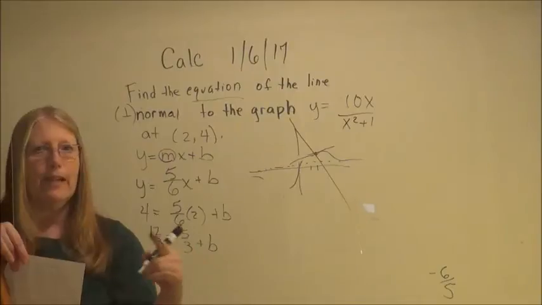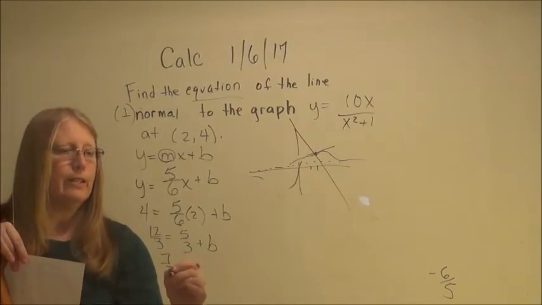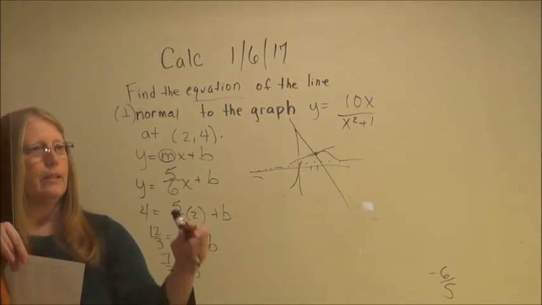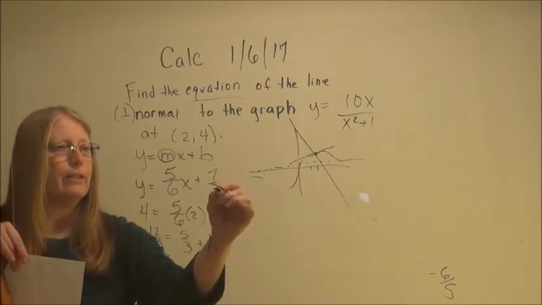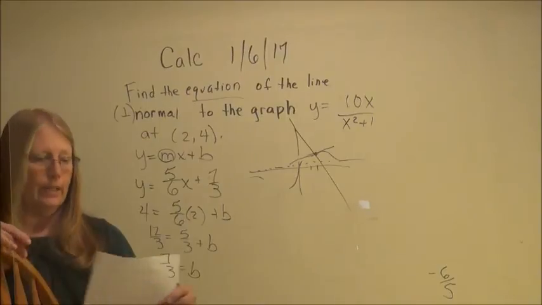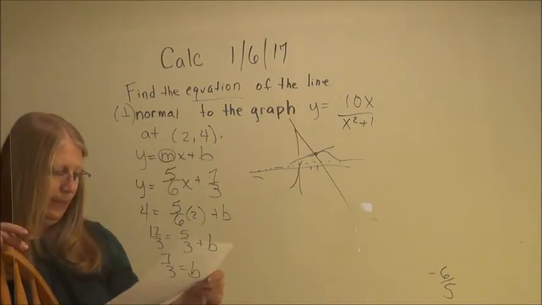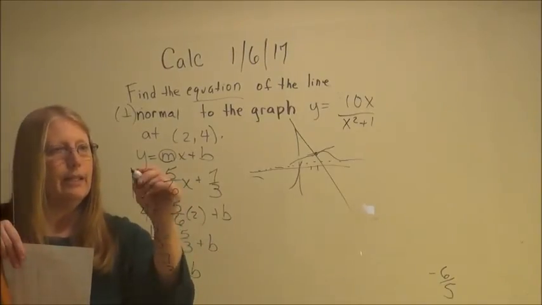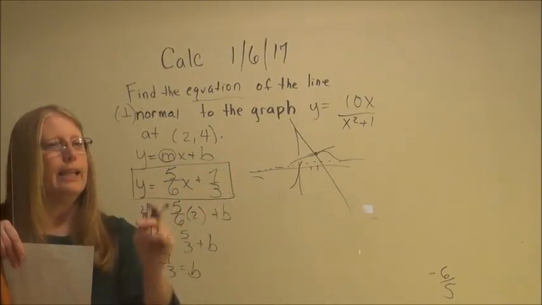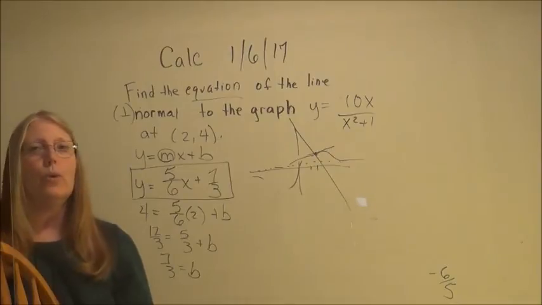So moving the 5/3 over, I get 7/3 equals b. So going up here, instead of b, I'm going to use 7/3. Let me check my work against my paper. And it does confirm.